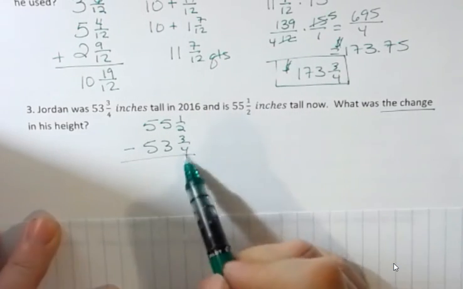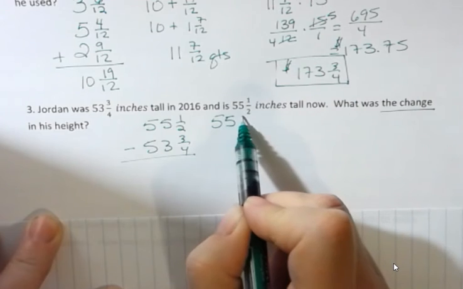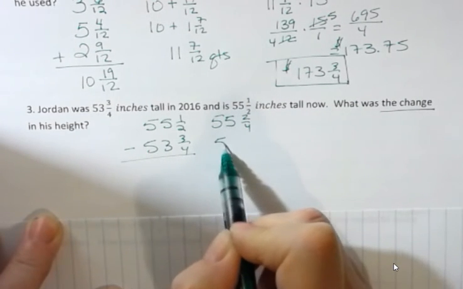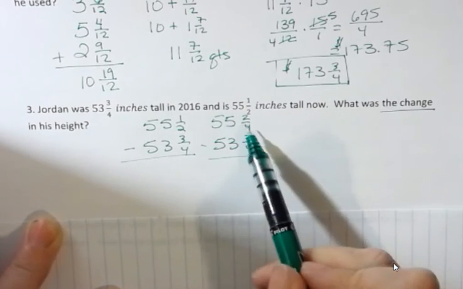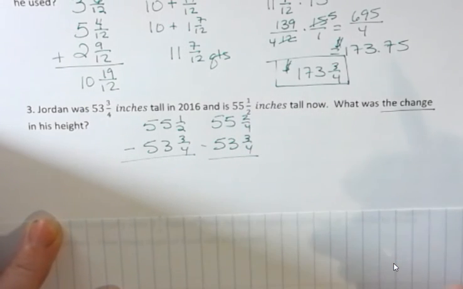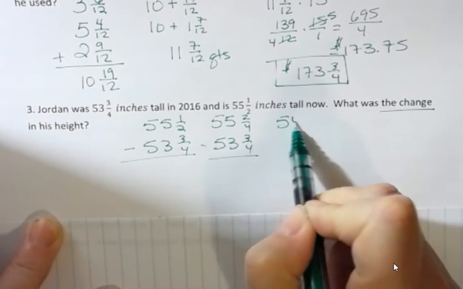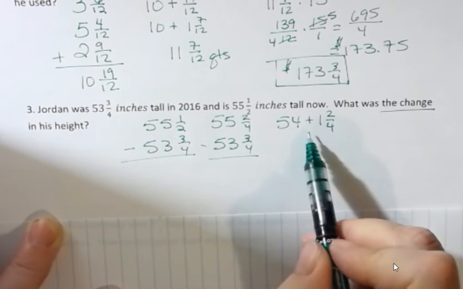Okay, well, I want to change this into a common denominator. I know that 1/2 is equivalent to 2/4 because 2 is half of 4. And I don't need to change the second one because it already had that. But the problem here is I can't take 3 away from 2 unless I do some rearranging. I'm going to think of that as 54 plus 1 and 2/4. And what does that look like then?